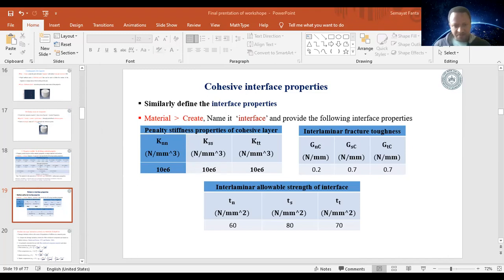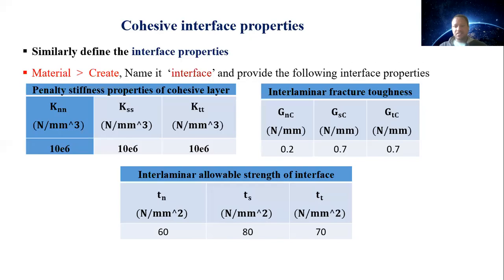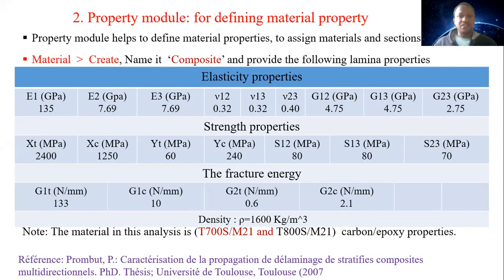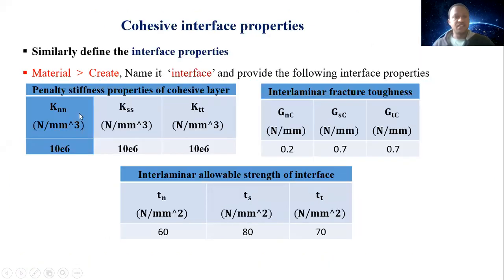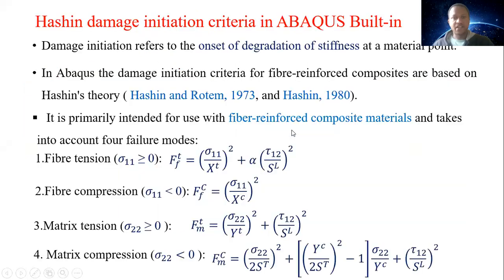Before I leave this module, let us discuss what I have done and included there. These are the material properties which are taken from experimental data from different authors. And then the damage initiation criteria: I introduced the Hashin damage initiation criteria.